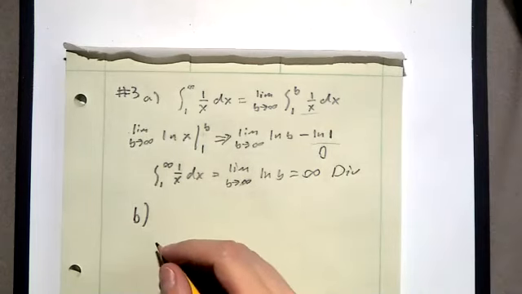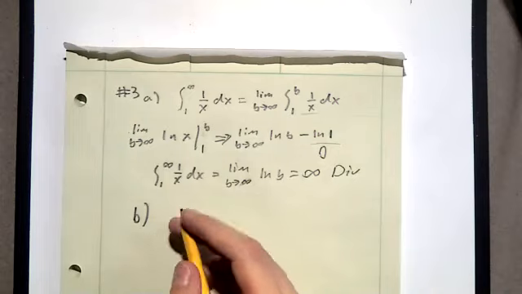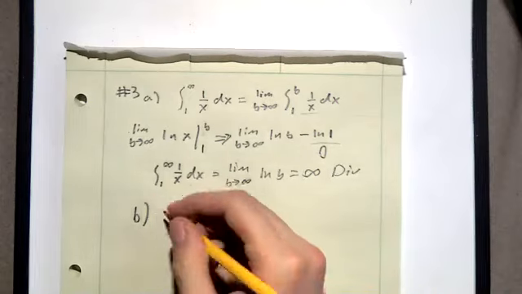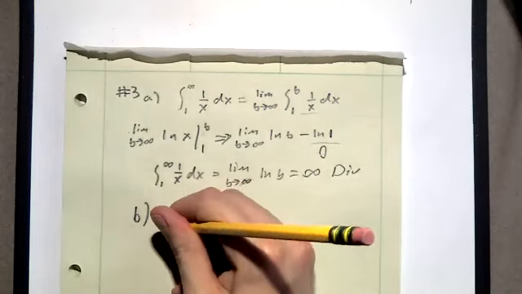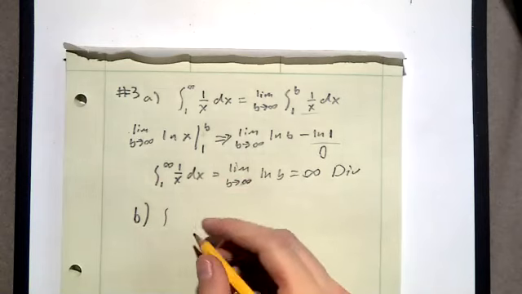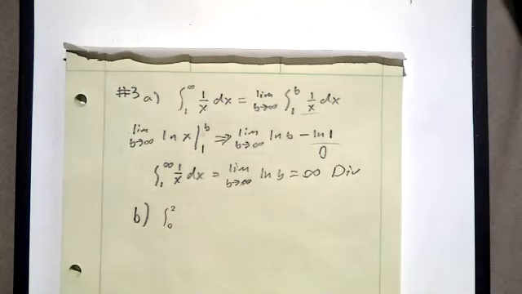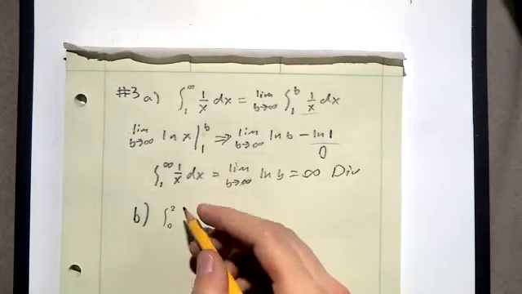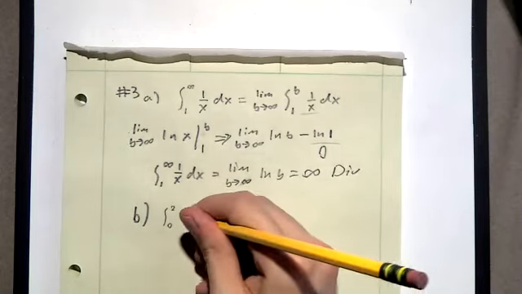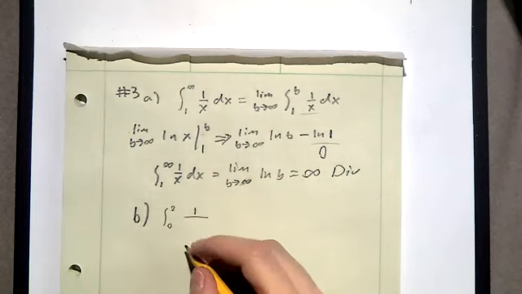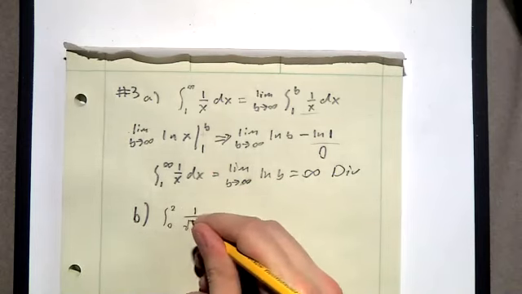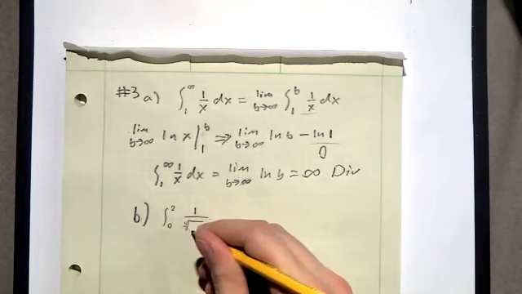So B is going to be, so this one doesn't use infinity as a bound. Instead, it uses one of the discontinuity points. So 0 to 2 of 1 over the 4th root. That's a nasty one.